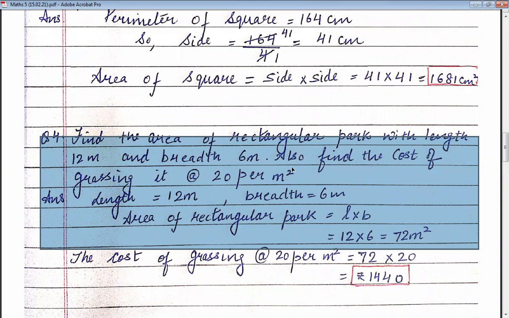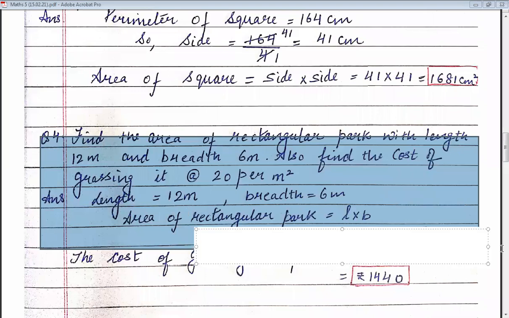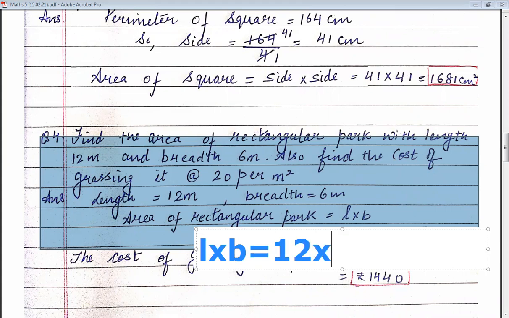So now children, in this there is a park whose length is 12 meter and breadth is 6 meter. So now children, first in the question they have asked about the area. You know that area of a park will be length multiplied by breadth. Length is given to you 12 and breadth is given 6. After multiplying 12 with 6, you will get 72.